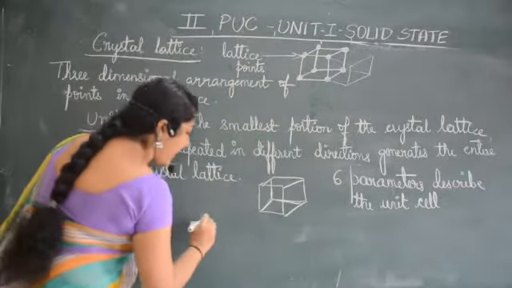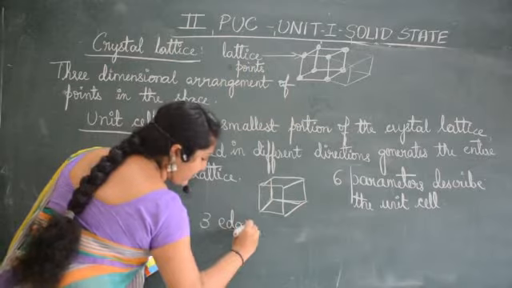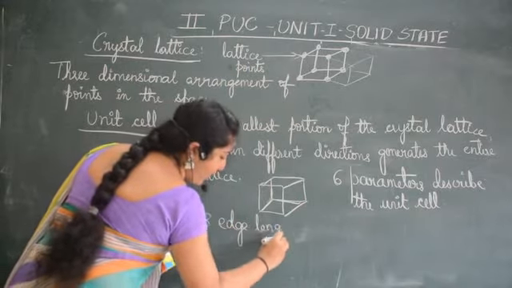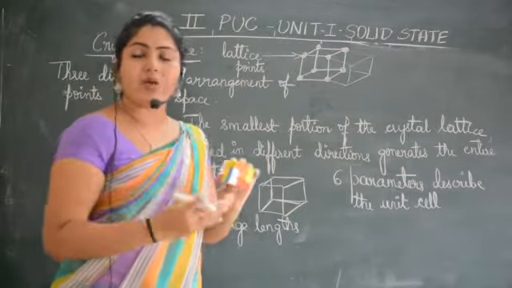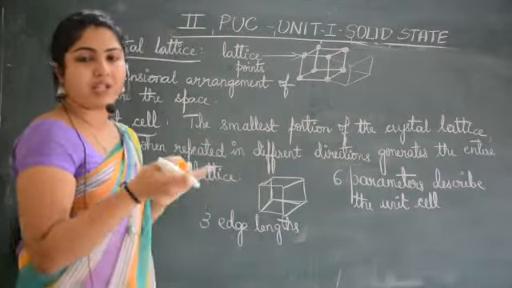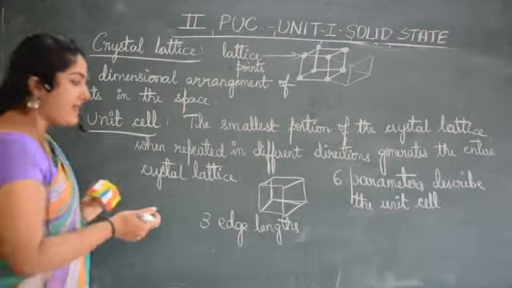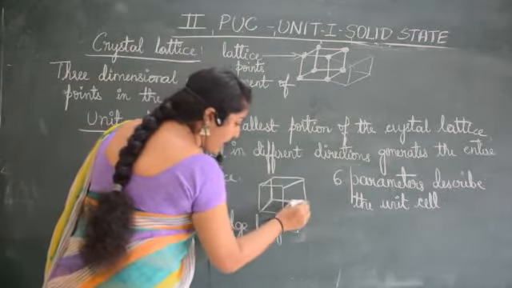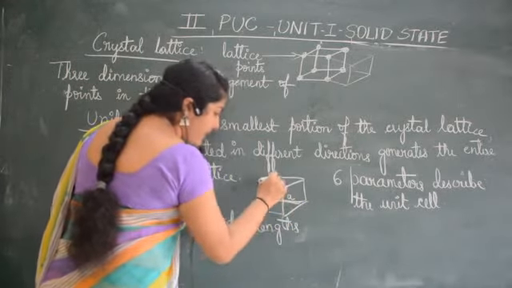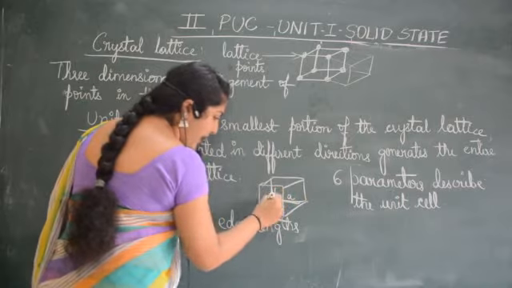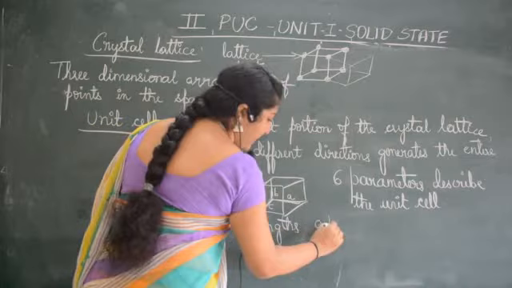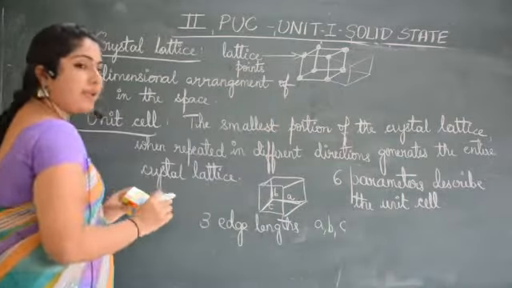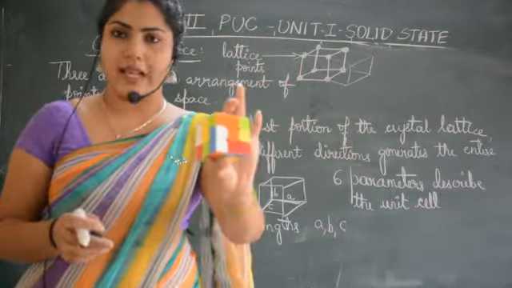So 3 edge lengths, or we also call them axial distances, the distance along the axis. See, if this is named as a, this line as b, and the other as c, so 3 edge lengths a, b, c. This describes the unit cell.